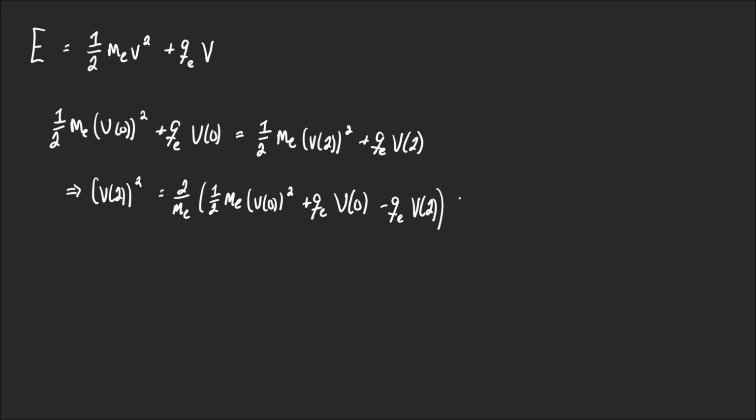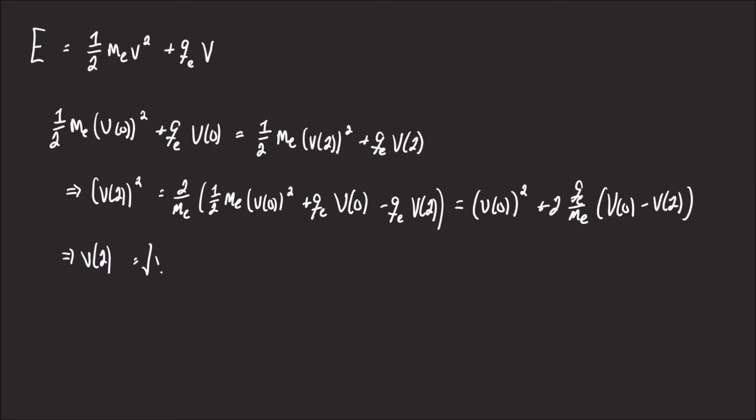This equals v of 0 squared plus 2 q_e over m_e times V of 0 minus V of 2. This means that the velocity at 2 would be the square root of v of 0 squared plus 2 q_e over m_e times the potential at 0 minus the potential at 2.